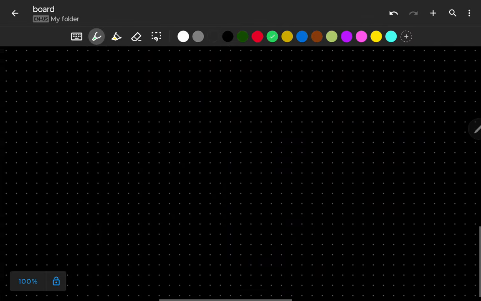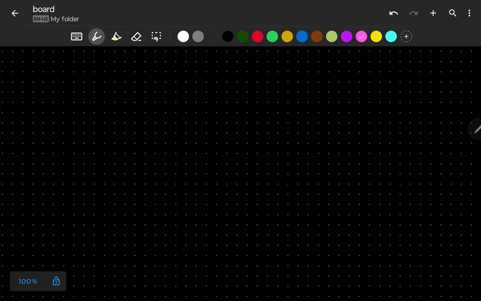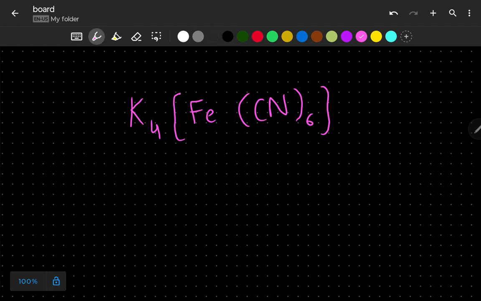So let's name the first compound. We have the compound K4[Fe(CN)6]. This is written on the left side, so this is a cation, named as potassium.